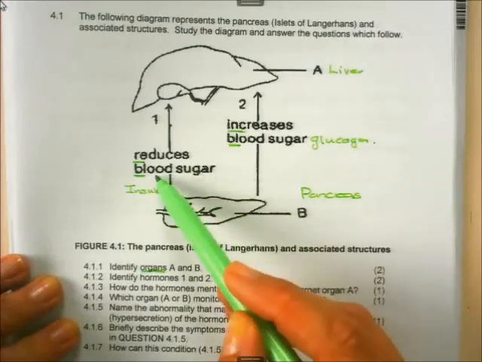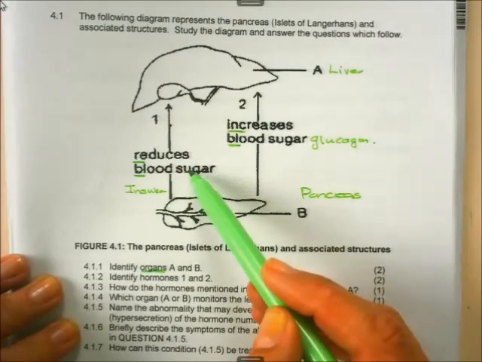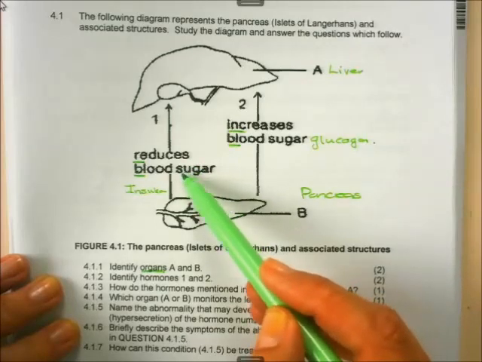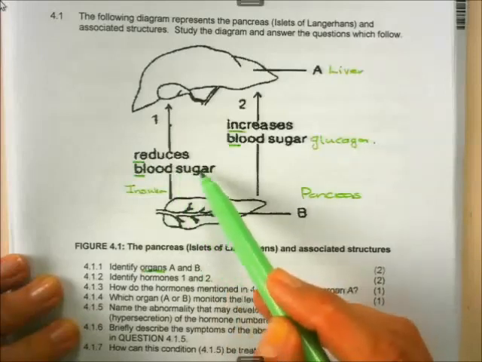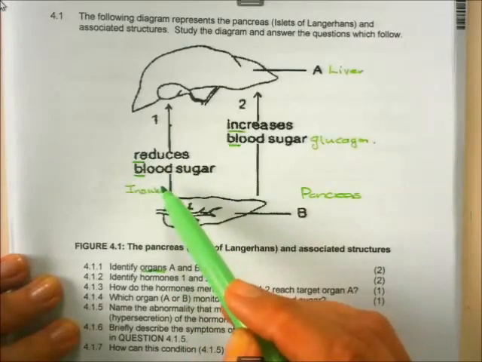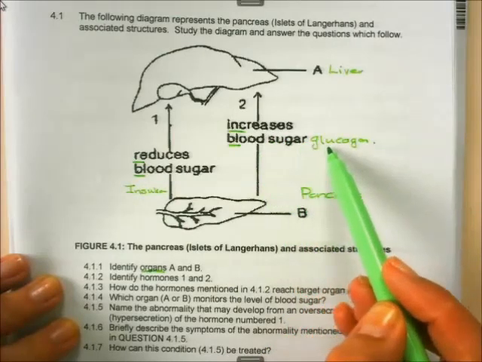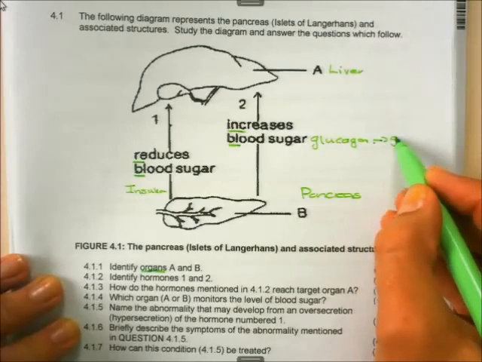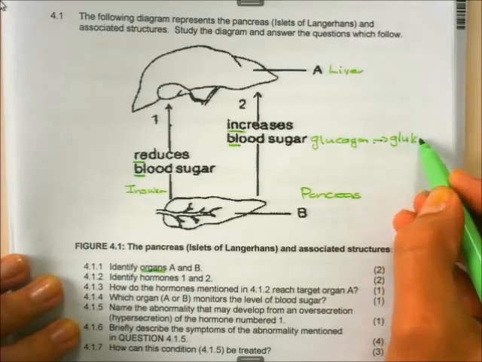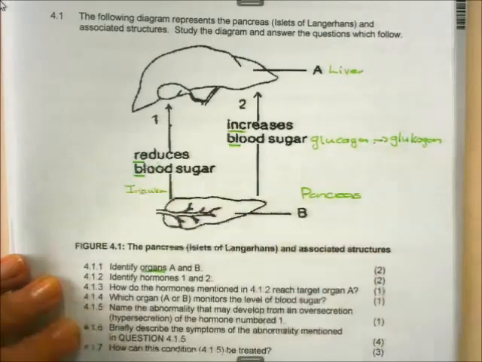It's not that the blood sugar level is low and now glucagon must be produced. No. What reduces the blood sugar levels is insulin. And which one increases the blood sugar levels? Glucagon, because glucagon goes to glycogen and glycogen goes to glucose.